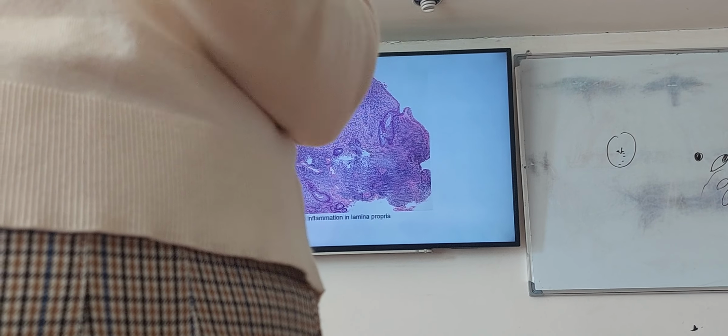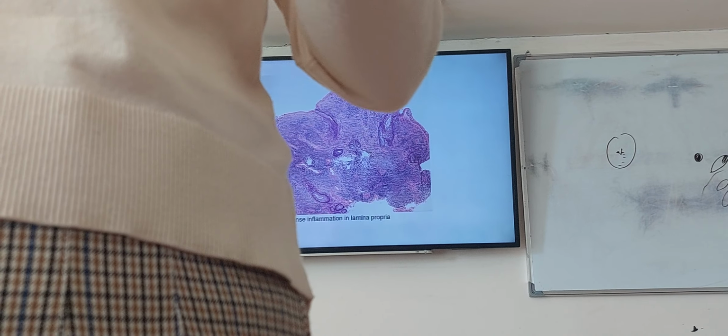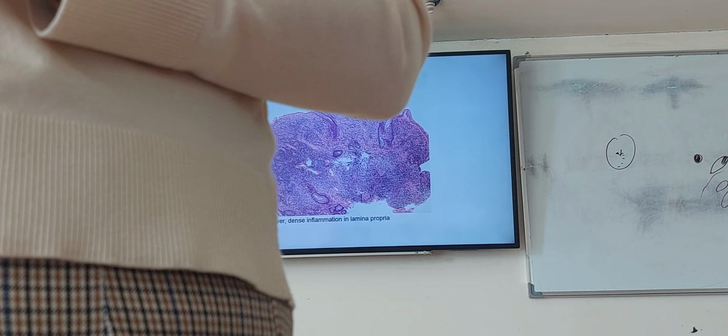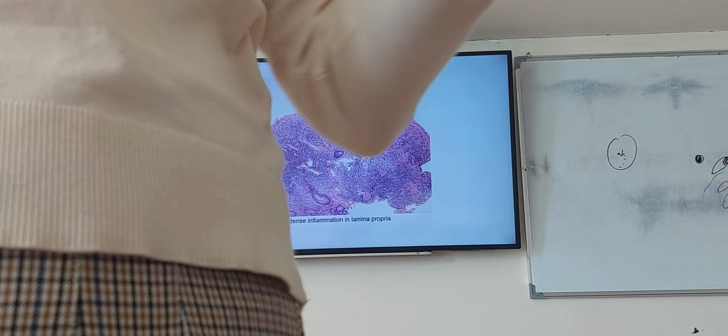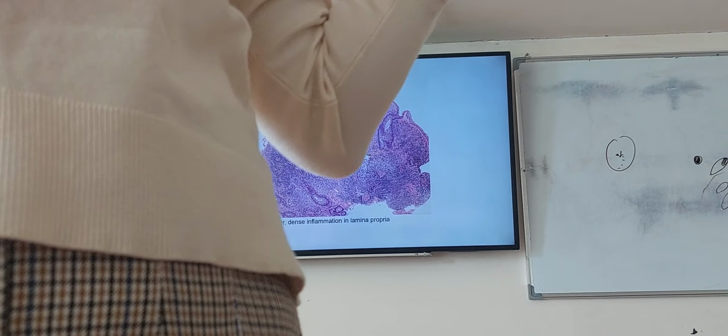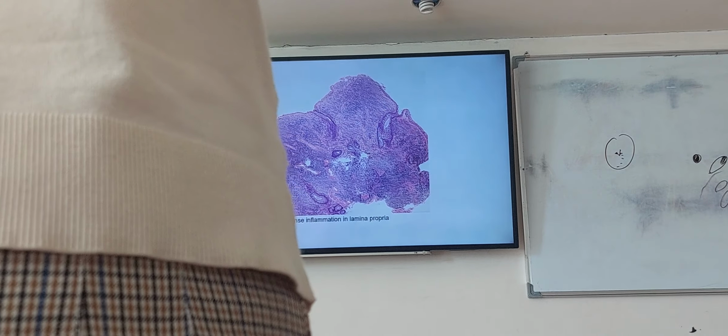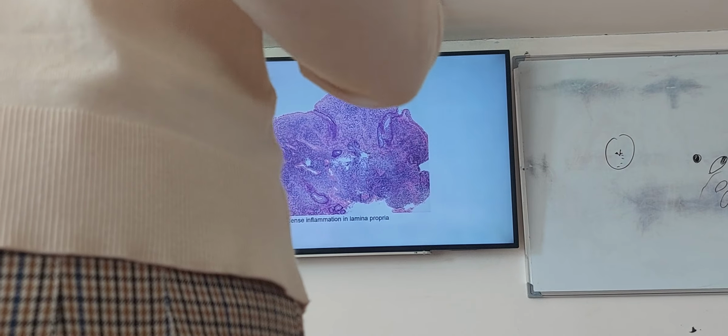But the predominant is mononuclear, except this top. So I have chronic inflammation with secondary infection at the periphery. It happens in the gallbladder, in inflammatory polyps of the gastrointestinal tract, because they are elevated, so they are prone to secondary infection. Any questions?